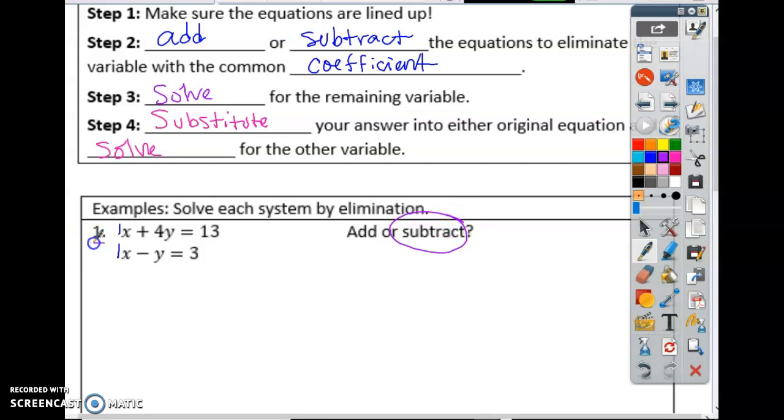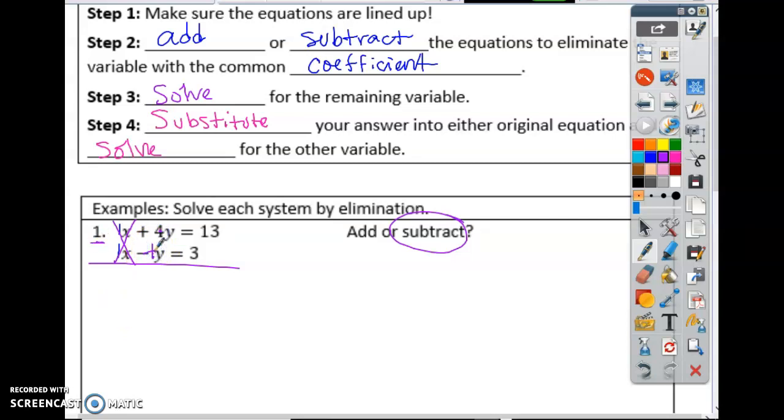So if I subtract the whole thing, 1x minus 1x eliminates it. 0x, right? What about, this is a negative 1, right? What about 4 minus negative 1?